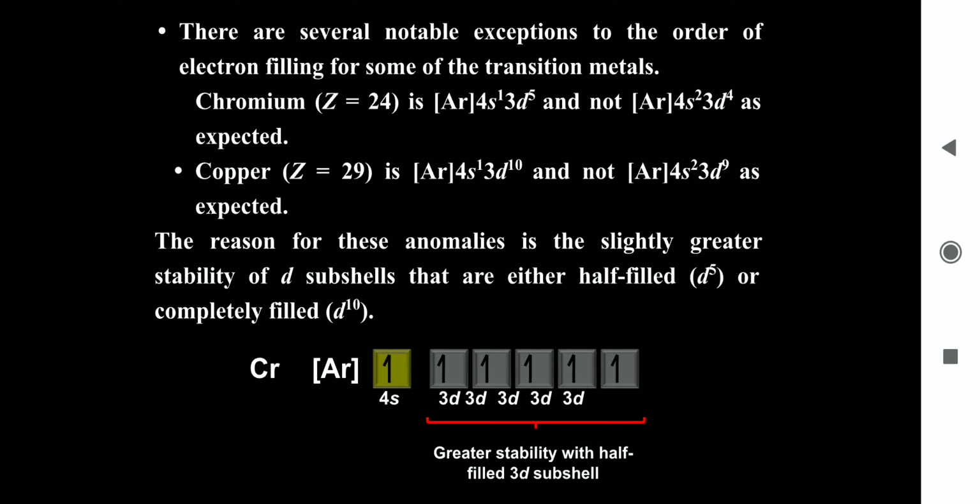There are several notable exceptions to the order of electron filling for some of the transition metals. These are called anomalous configurations.